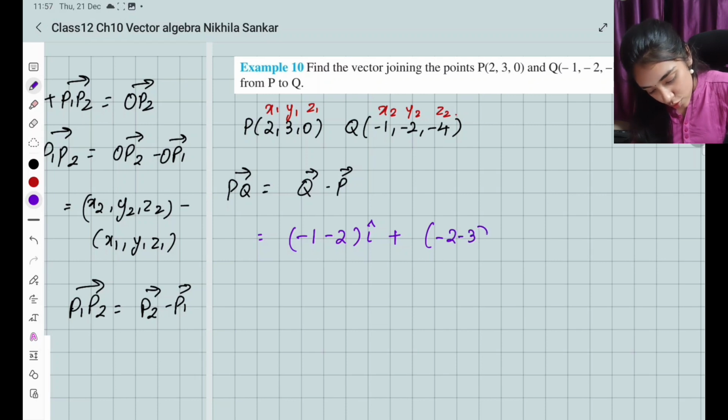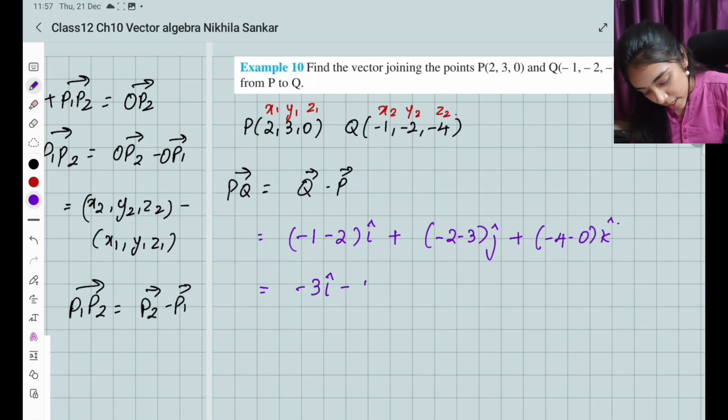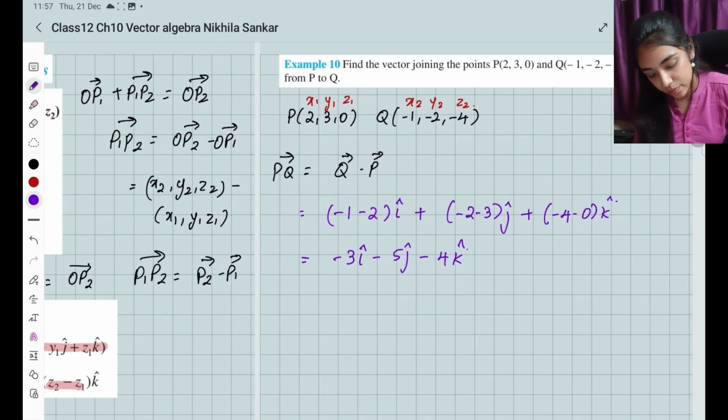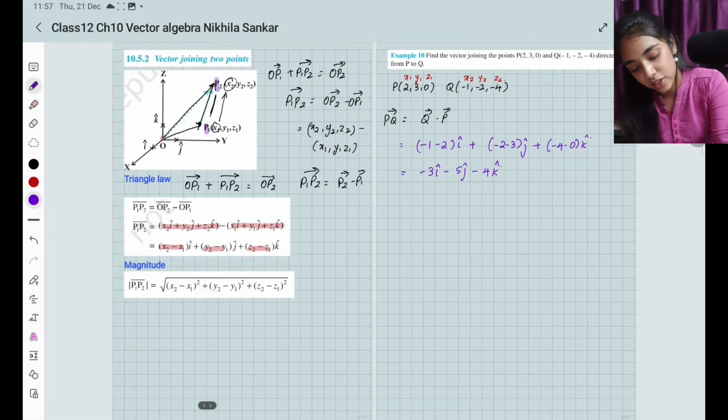So, minus 2 minus 3, j cap, plus Z2 minus Z1. So, minus 4 minus 0, k cap. So, Q minus P பண்ணிட்டு இருக்கேன். So, this is going to be minus 3 i cap, minus 5 j cap, minus 4 k cap. Okay? So, this is going to be the vector joining the points P, Q. Okay? Please copy.